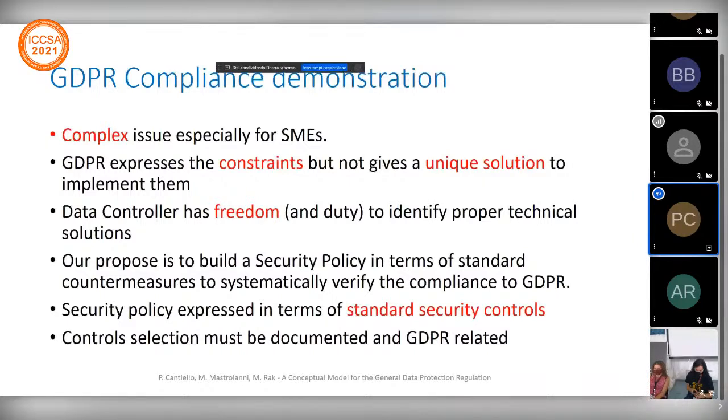we have thought about the complexity of demonstration of compliance to the GDPR. GDPR has an approach that is particular, since it does not give constraints to enterprises. It does not impose the regulation, and so does not give a unique solution to implement them.